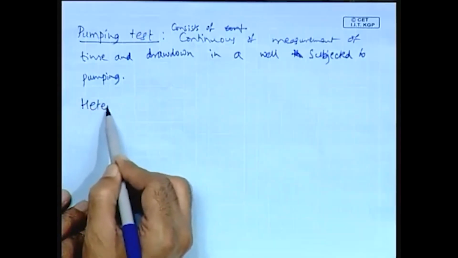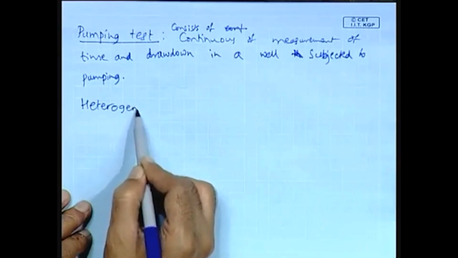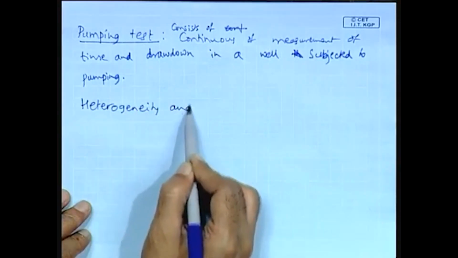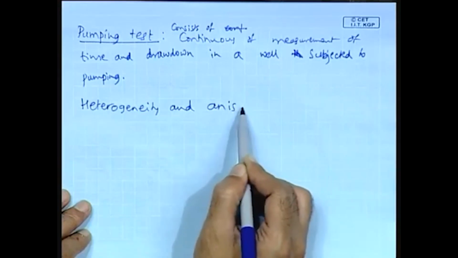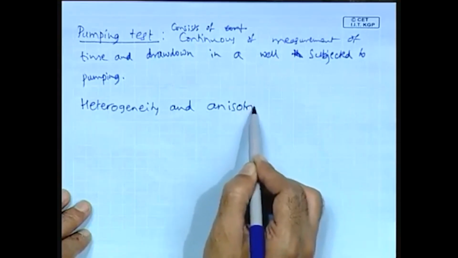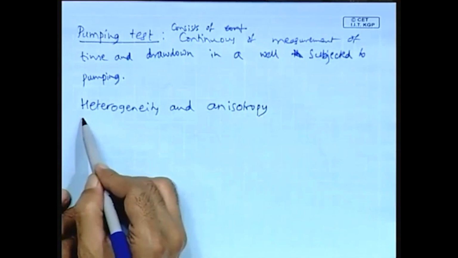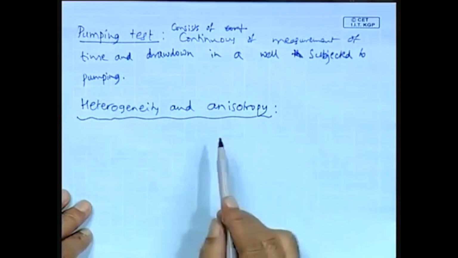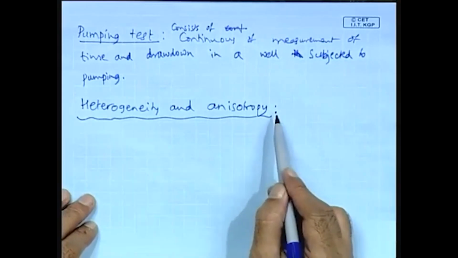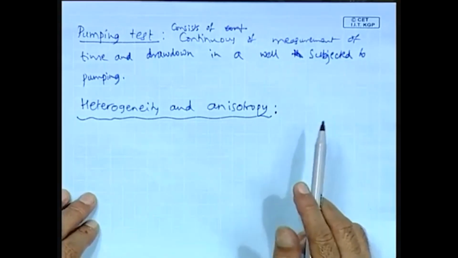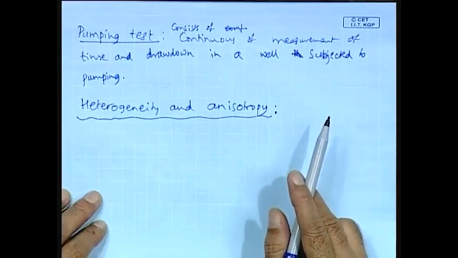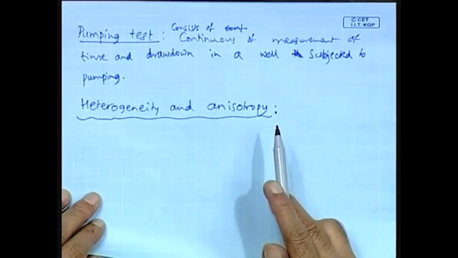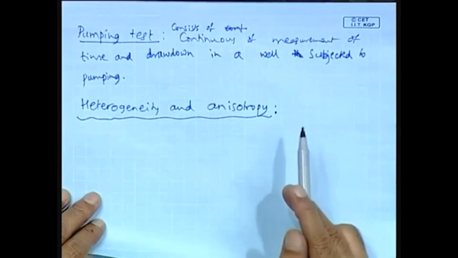Now, let us come to the heterogeneity and anisotropy. So, here in all these we made an assumption that the soil or rock layer through which the groundwater flows is homogeneous and isotropic.